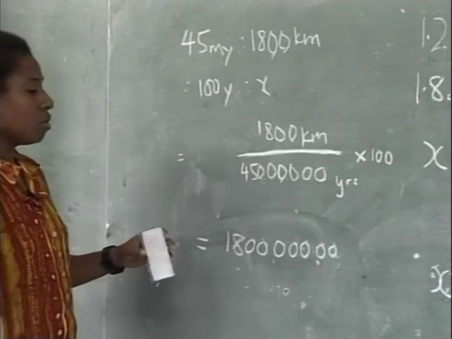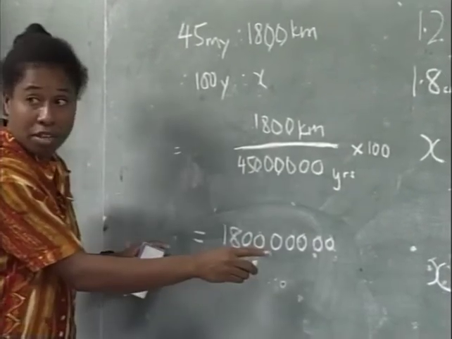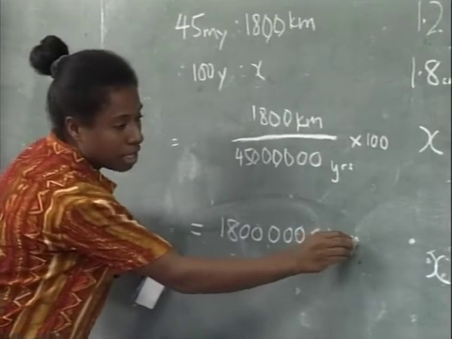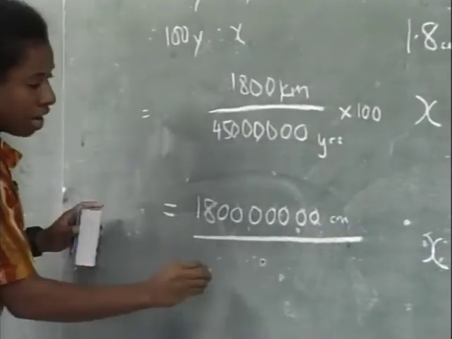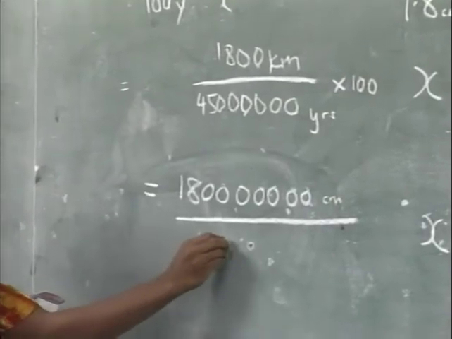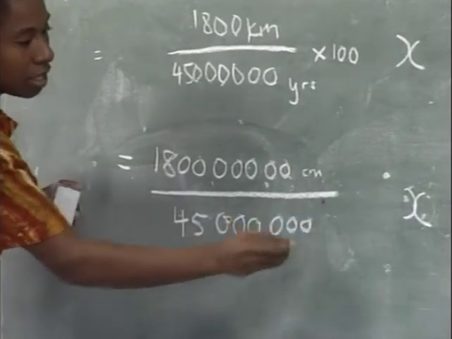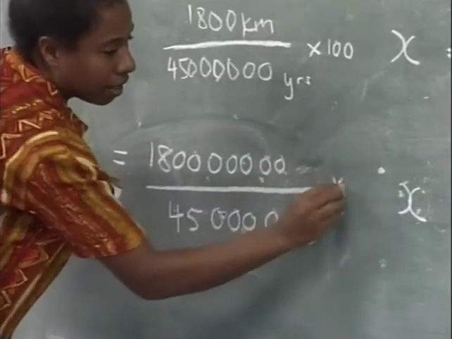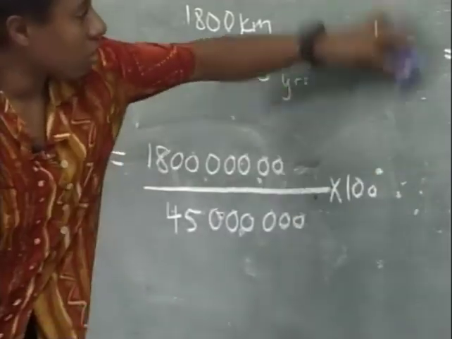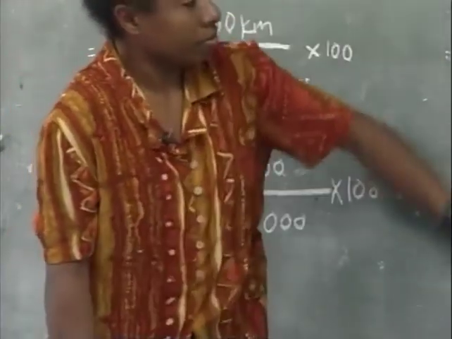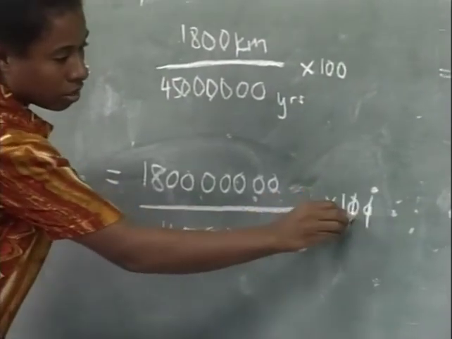Is it 5 more zeros or 6 zeros? 5. We're multiplying by 100,000 to get that in centimeters instead of kilometers, so it will be easy for us to work with. We have 45 million years here, 6 zeros, and we multiply that by 100. So to make it easy, let's cancel out the zeros.